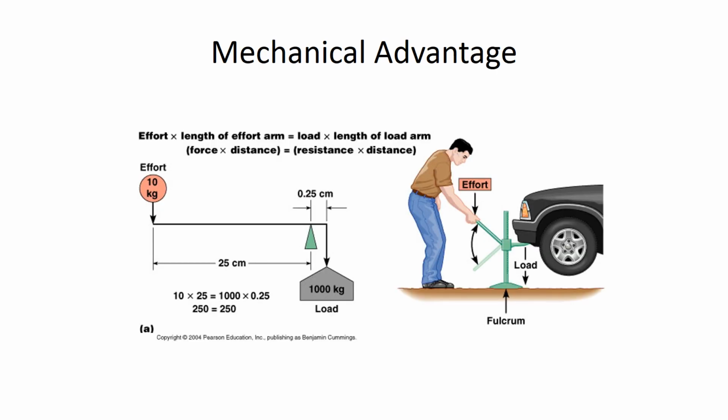Levers can operate in one of two ways, either via mechanical advantage, and this is where the load is close to the fulcrum, and the effort is applied far from the fulcrum. This situation requires minimal effort to move a large load and is therefore designed for power.